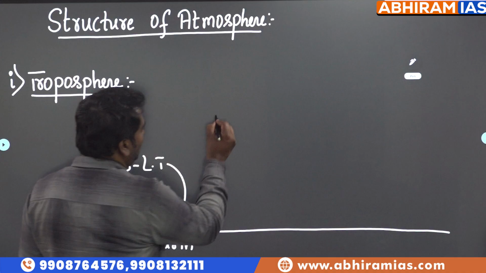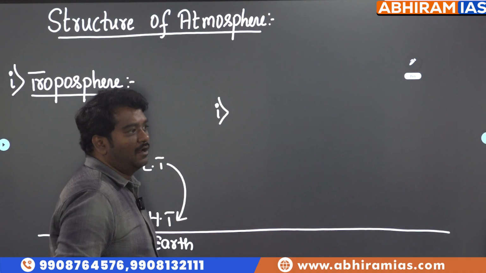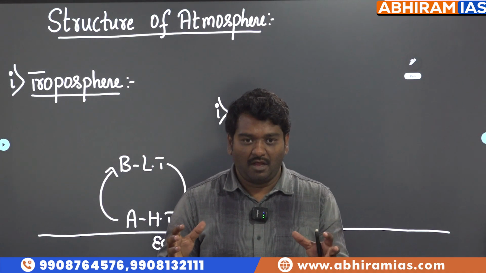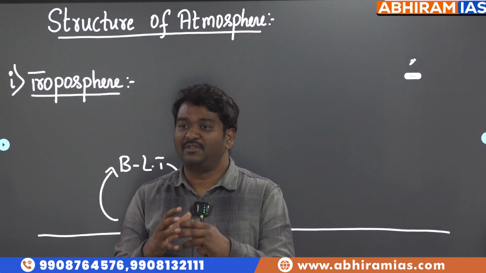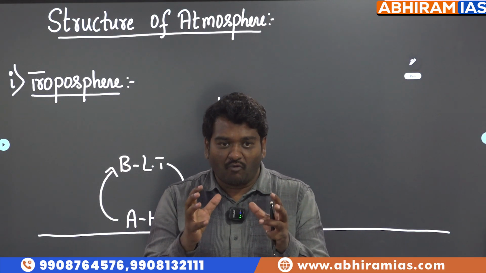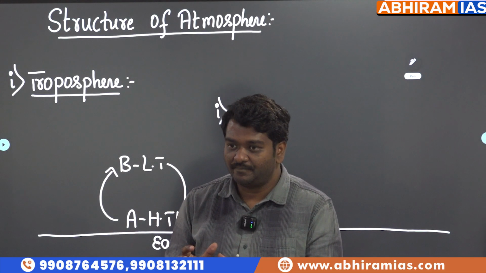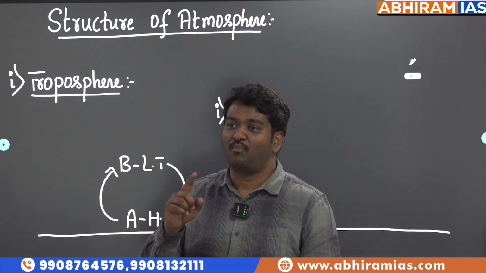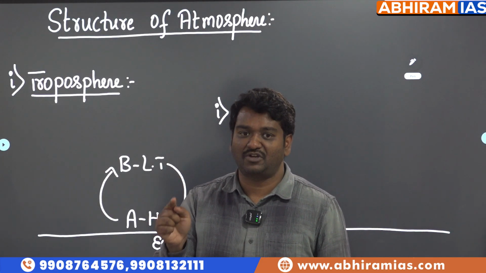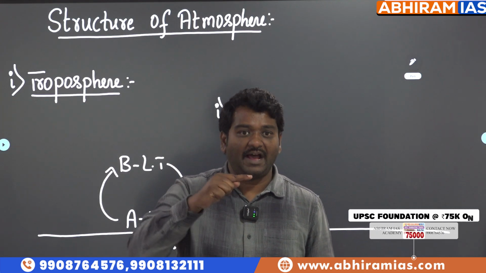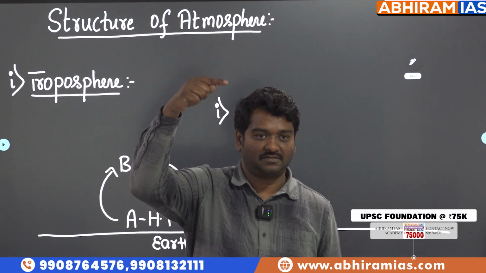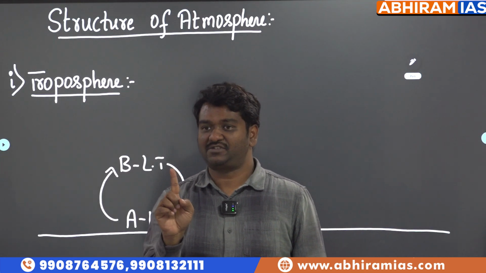First, you see, can I say during degassing, a lot of gases came from the earth? Yes. Was it held by earth's gravity? Yes. That means, can I say more density of particles are present closer to the earth, and as we move above, density decreases. Correct? First lecture, first topic.